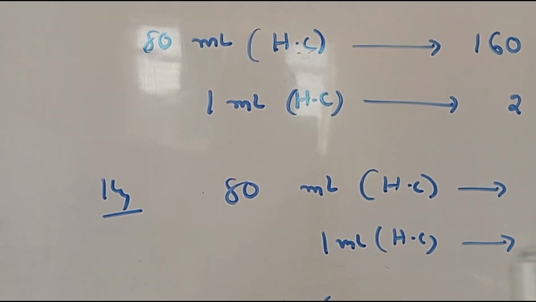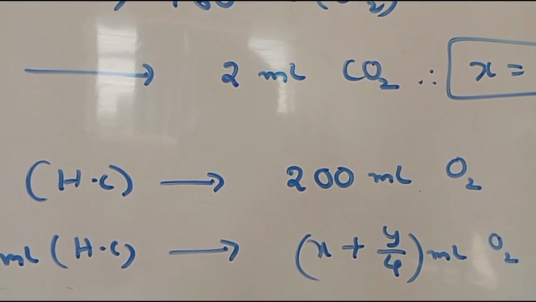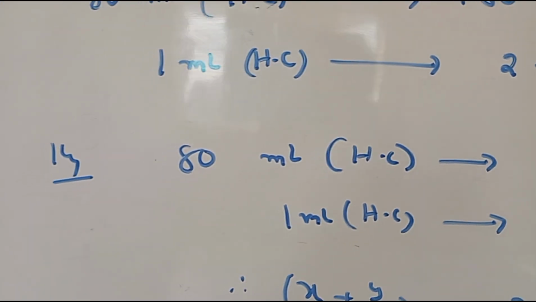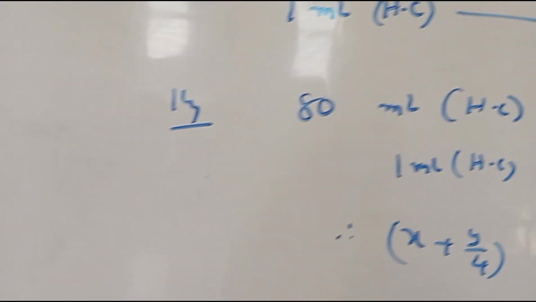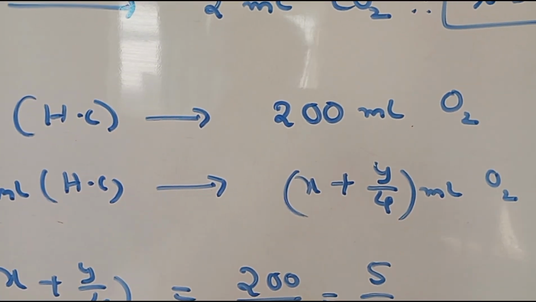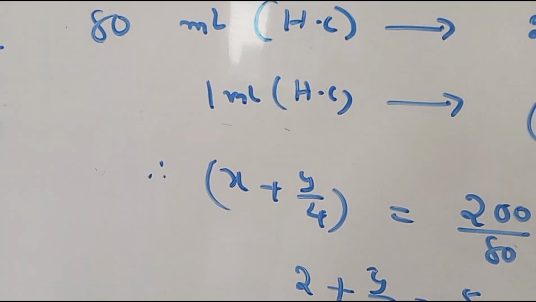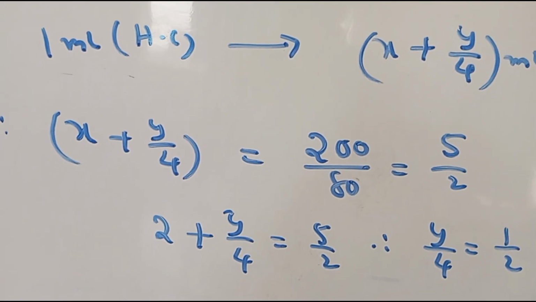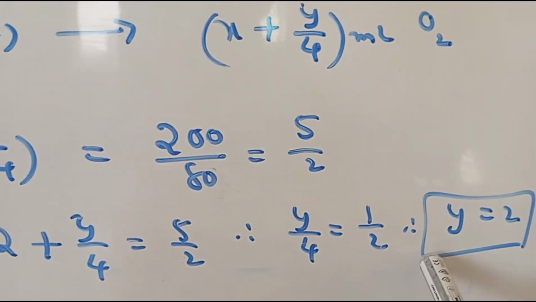Let us see another calculation to get y. 80 ml of hydrocarbon as per this equation is reacting with 200 ml of oxygen, since 64 ml is unreacted and 200 ml is reacted. So 1 ml of hydrocarbon is reacting with how many ml of oxygen? It is x plus y by 4 as per the equation. We substituted the x value in this, after that we simplified, and we got y value 2.